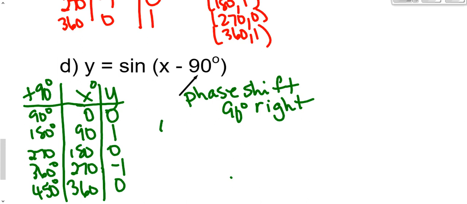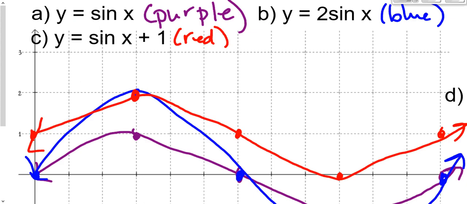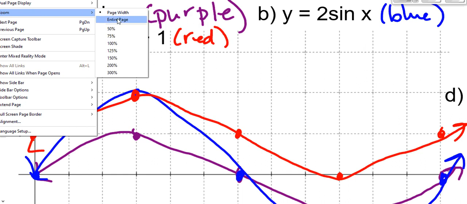So my new points will become 90 and 0, 180 and 1, 270 and 0, 360 and -1, and 450 and 0. Okay, and these will be the ones that we want to plot over here on our graph.